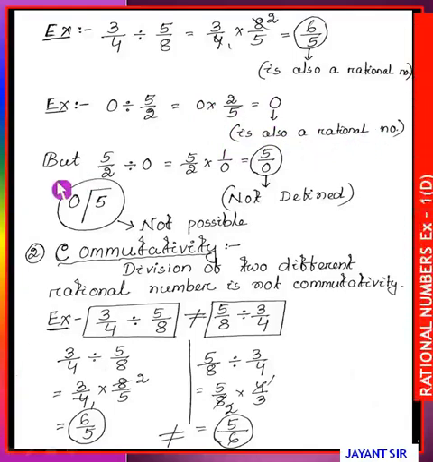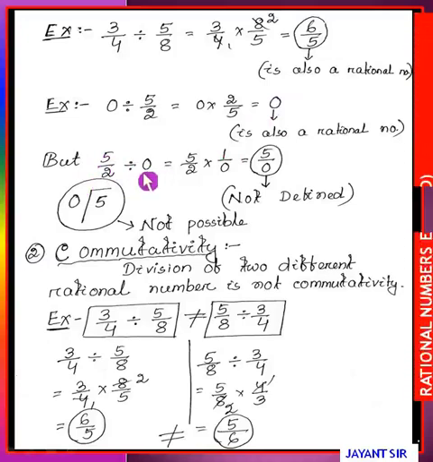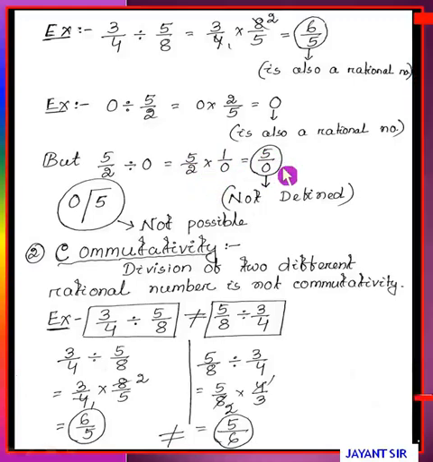Now here you observe, children, it is important. Whenever we divide 0 by 5 by 2, we get 0. But whenever we divide 5 by 2 by 0, look at here, nothing is there means it is by 1. 5 by 2 into 1 by 0, its reciprocal. That means 5 into 1 is 5 divided by 2 into 0 is 0.